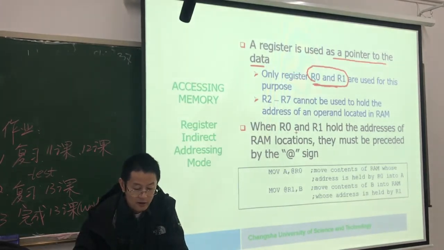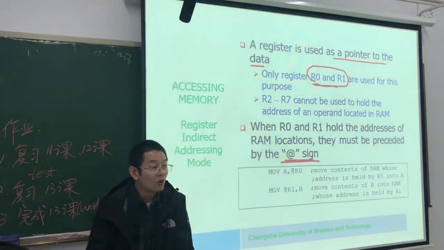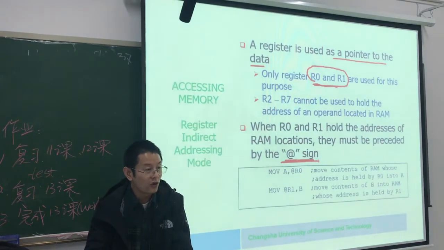When R0 and R1 hold the address of a RAM location, they must be preceded by the @ sign. If you know something about the C language, you know the @ sign is for address.